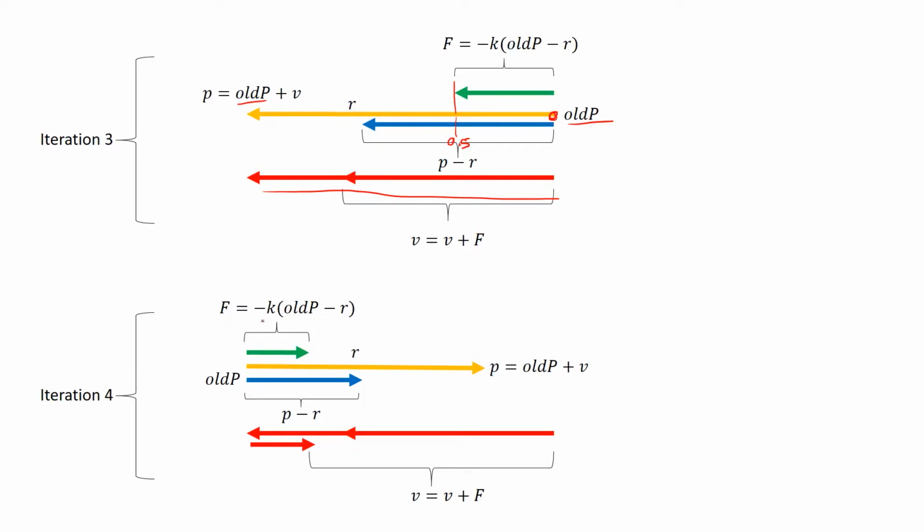For a final iteration, just to show you once again, we have now a position. This is past R, so R is here. Our new position's all the way out here. So we actually now have P minus R going in the opposite direction, this blue thing. So F, half of that, once again 0.5. We get F, and we have our old velocity, but this time we're adding our force to the velocity, and it's going in the opposite direction.